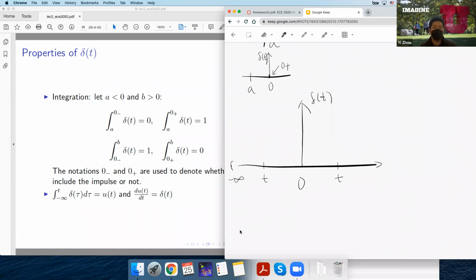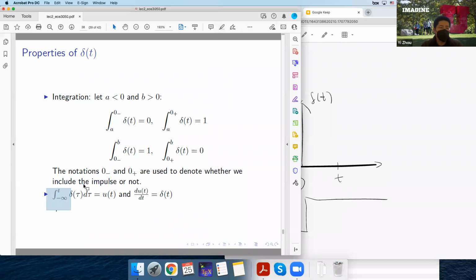So that's why after integrating, it is like a unit step function. The only jump occurs when t crosses from the negative side to the positive side, and the integration of the impulse gives us this constant jump. After that, the signal vanishes in the positive domain, so the integration will remain unchanged.